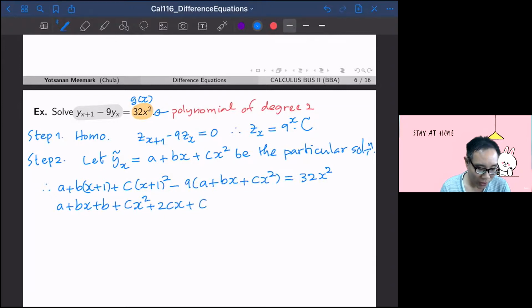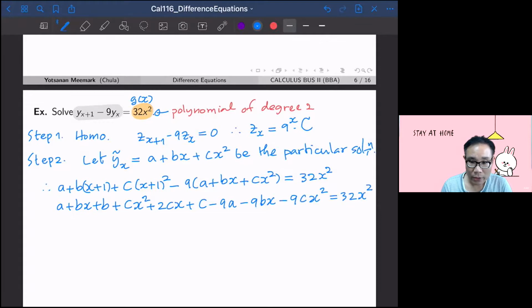So that should be correct, right? cx squared plus c, yeah, it's correct. And you get negative 9a minus 9bx minus 9cx squared equal to 32x squared.